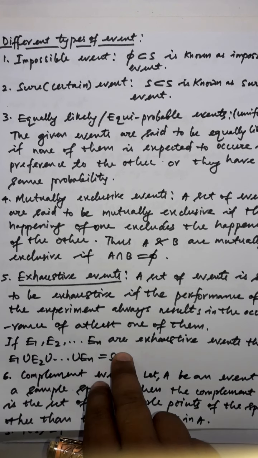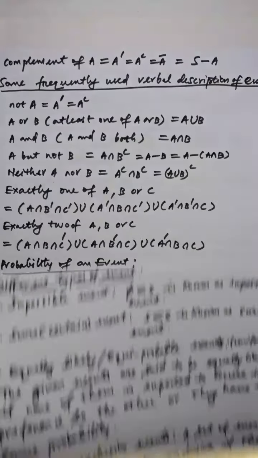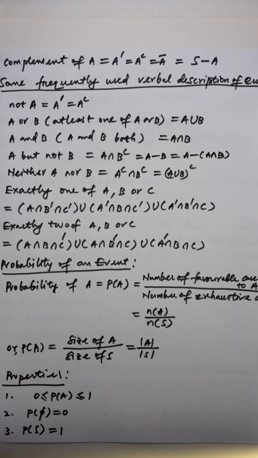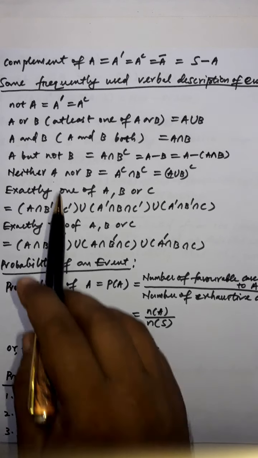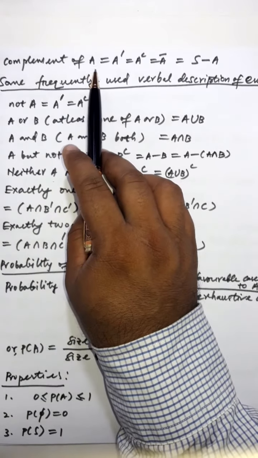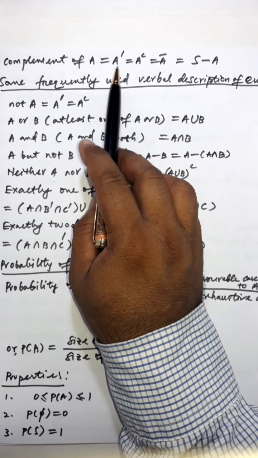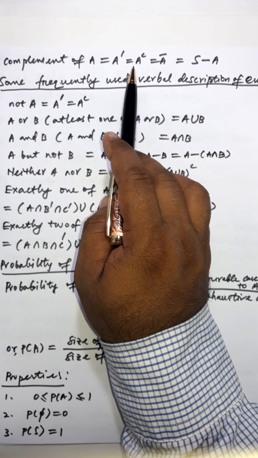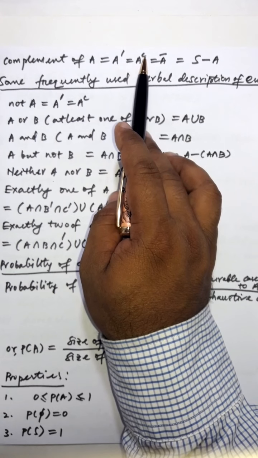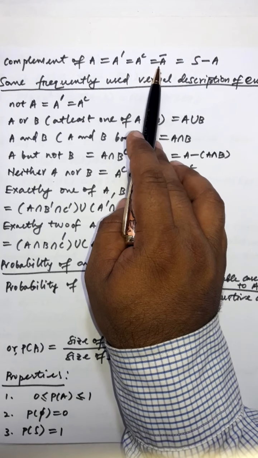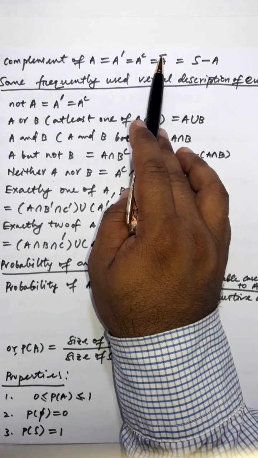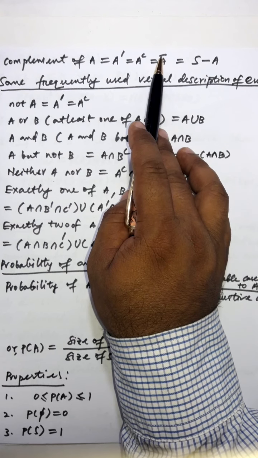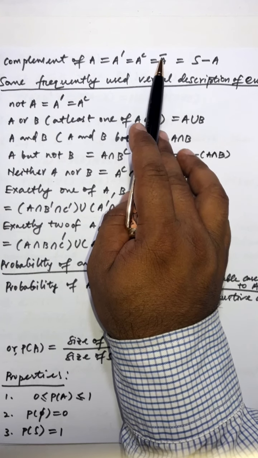Okay friends, let's try to understand this mathematically. Let's see the symbols used for it. The complement of the event A is written as A dash, or A superscript C, or sometimes A overscore, or A underscore.